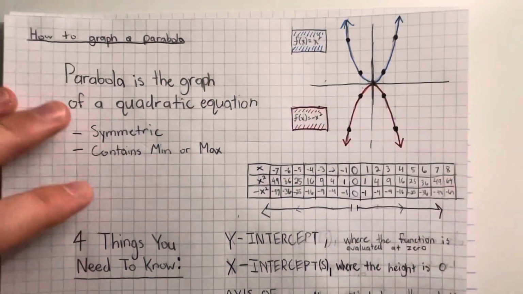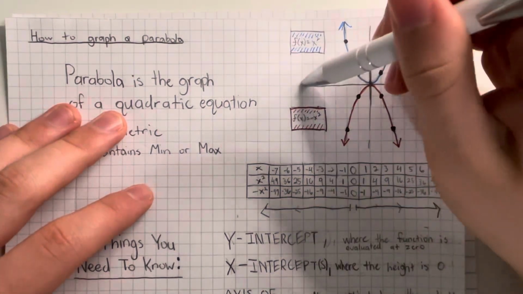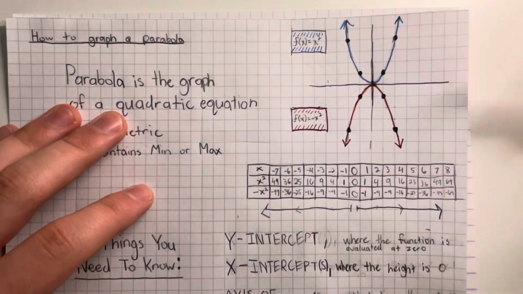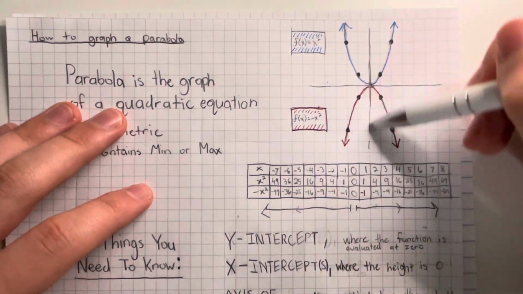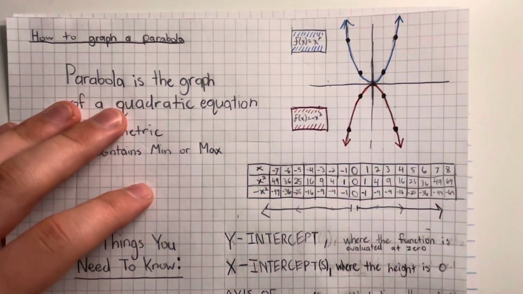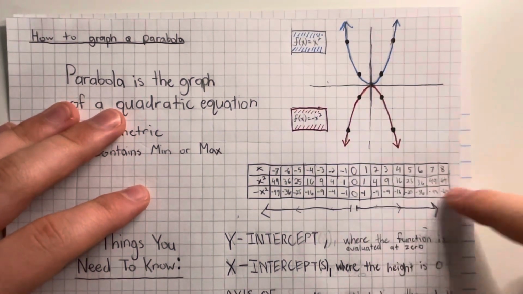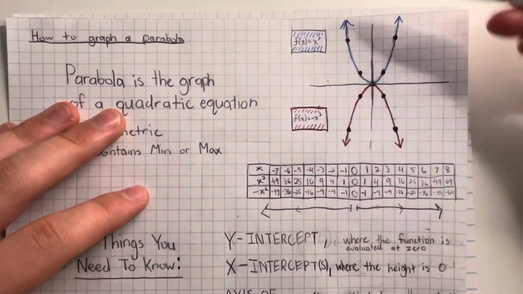First of all, the x-intercept is just where it crosses this horizontal line. That happens to be 0. And the y-intercept is where it crosses the vertical line. That also happens to be 0 for both of these graphs. The axis of symmetry is the vertical line where you can fold it in half and it goes through the middle.